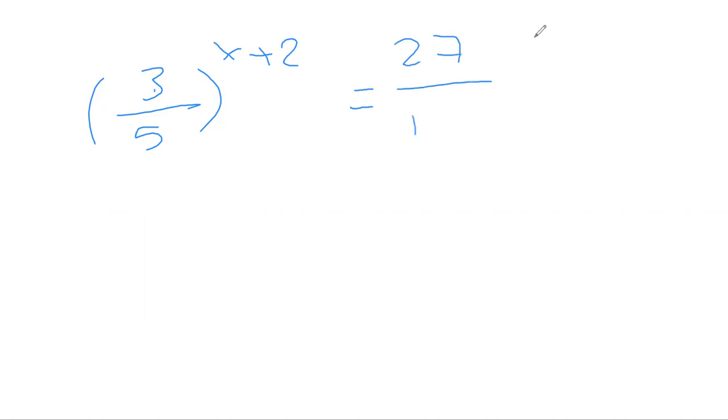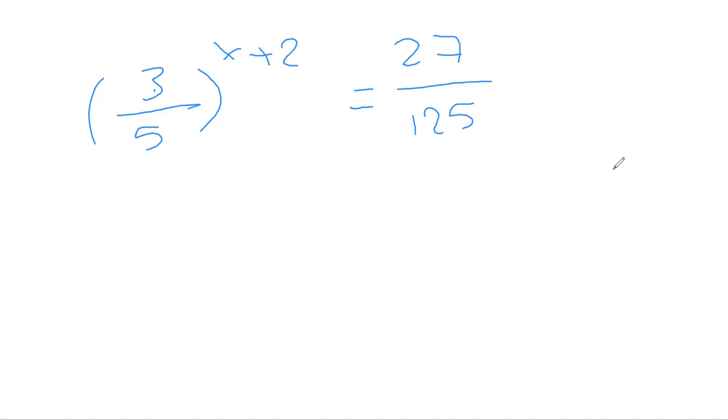The last one, the last question. Okay, Farah. 3 over 5 power x plus 2 equals 27 over 125. Farah, can you hear me?